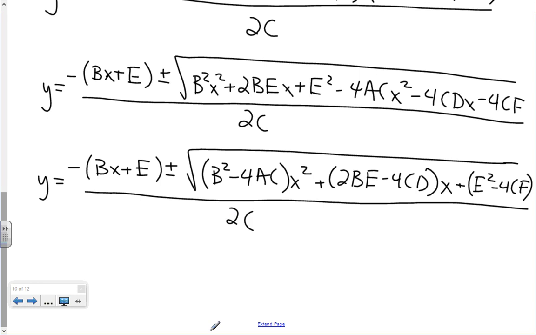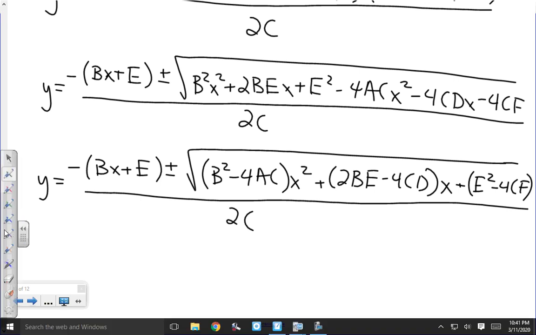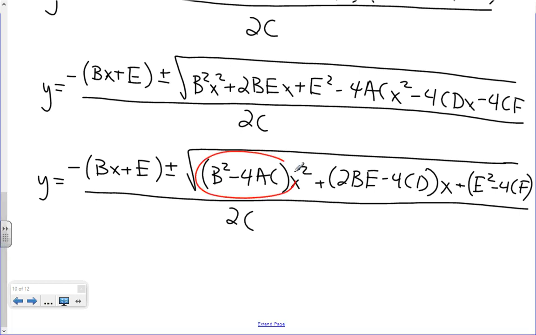Now, in this equation, what we're looking for is something that involves just a, b, and c that would determine the conic for us. We already have determined that that's the key: I've got to find something that involves a, b, and c. And like I pointed out as we were doing this, it's the coefficient under this radical, the coefficient of the x squared term, this guy right here.